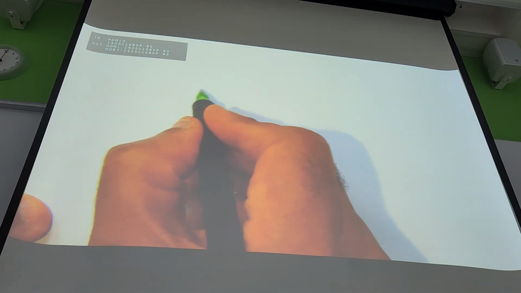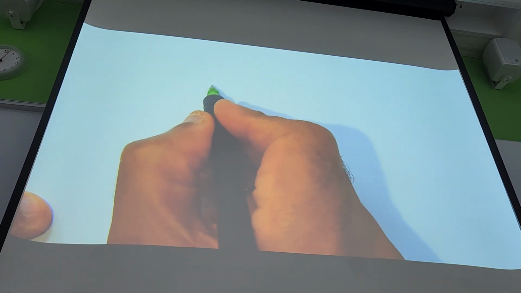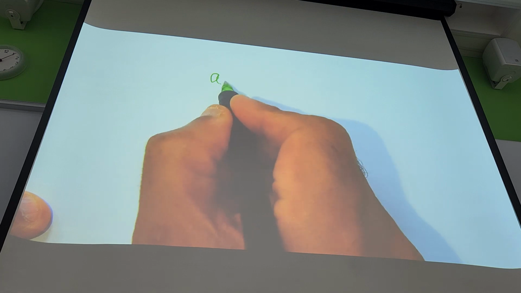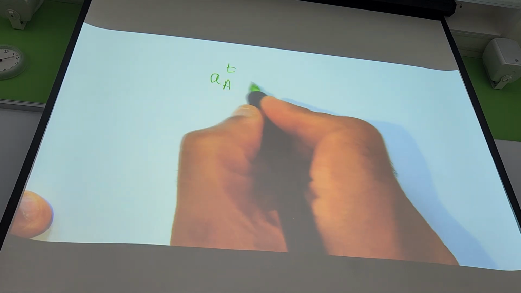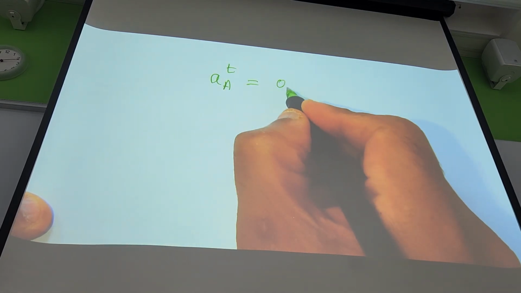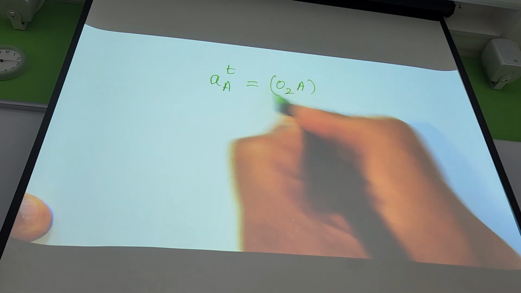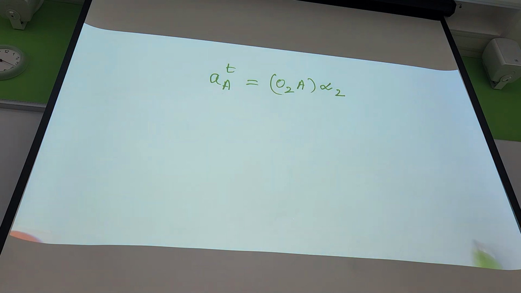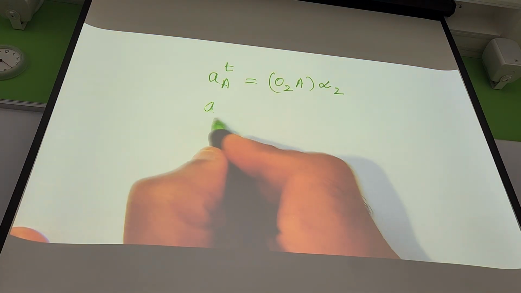For any point, you can say, acceleration of A tangent. So this is O to A, alpha 2. Acceleration of A normal.